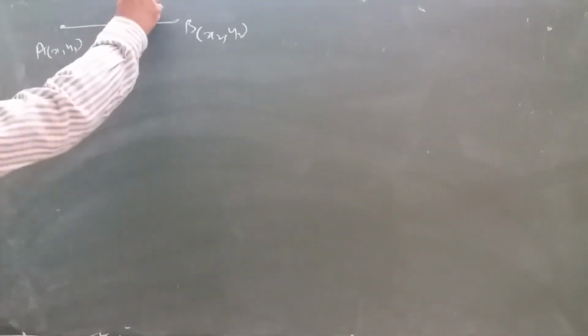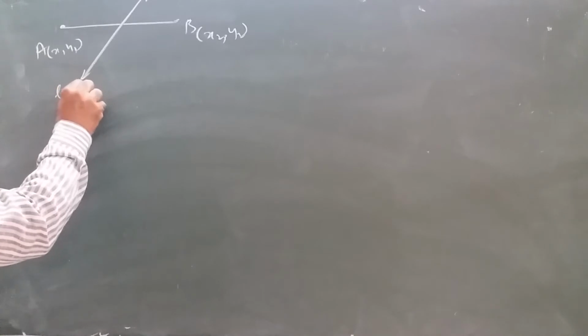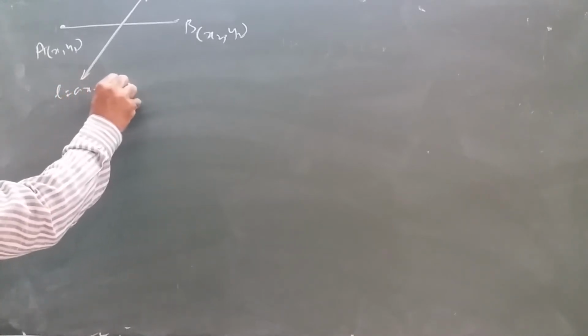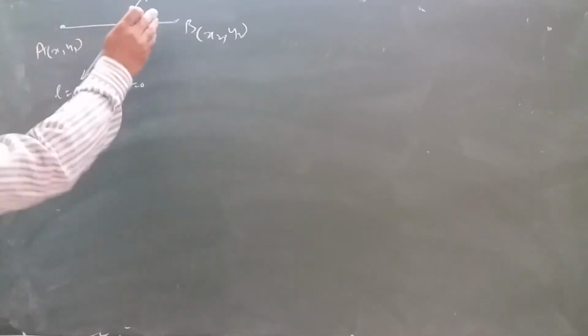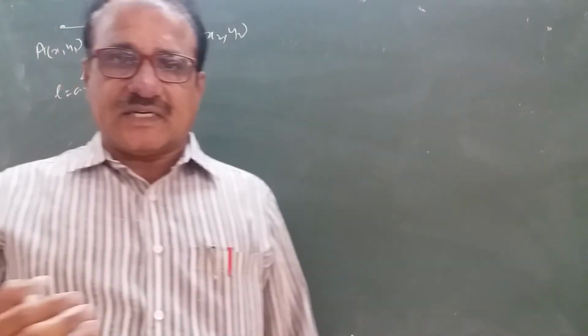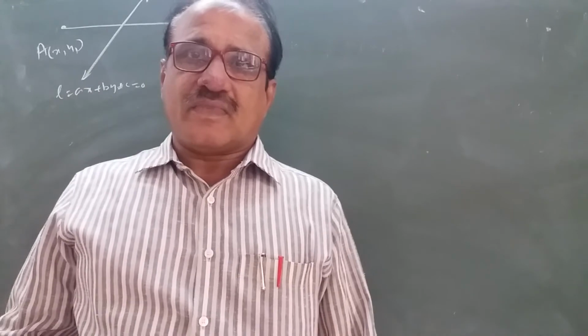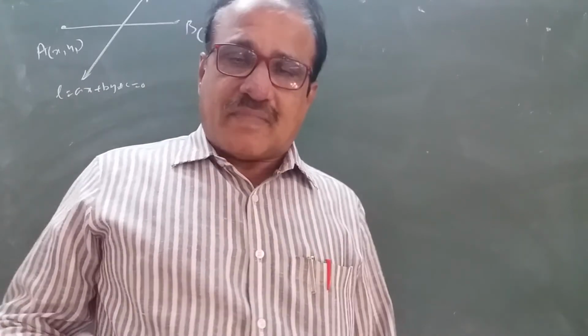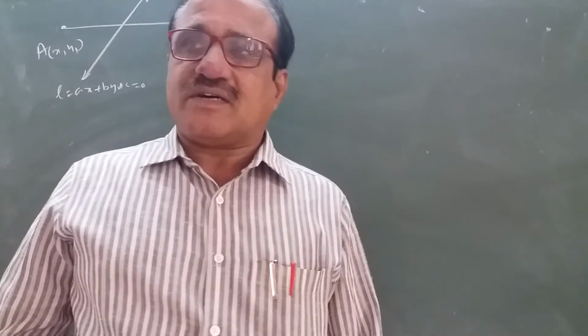If a straight line L equal to ax plus by plus c equal to 0 divides the line segment AB joining A, B in the ratio minus (L11) is to (L22).